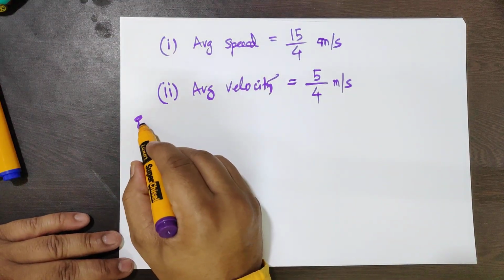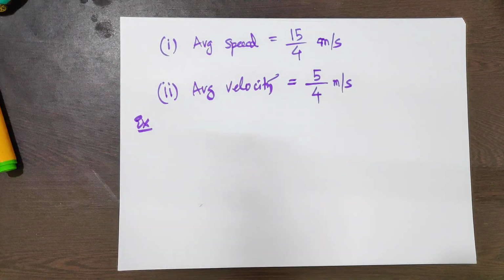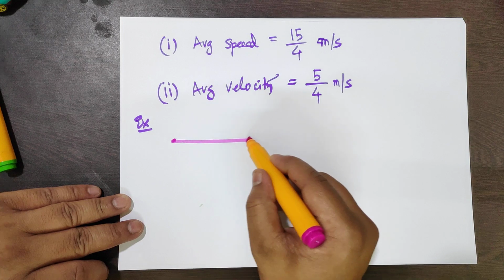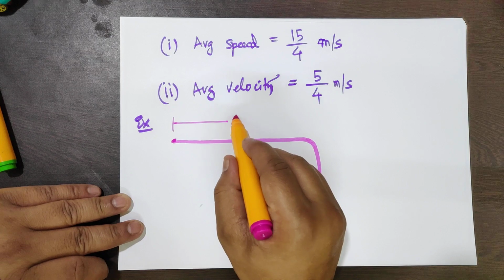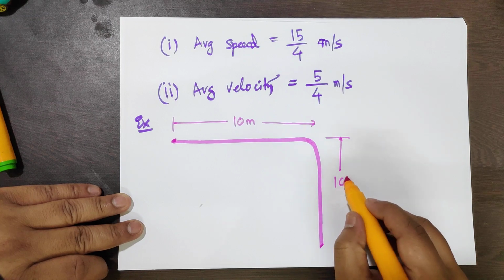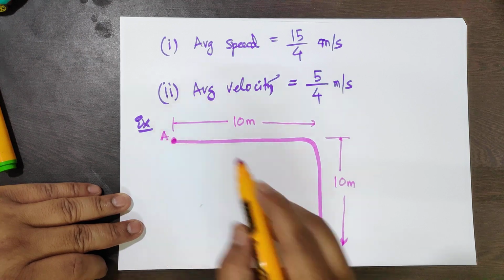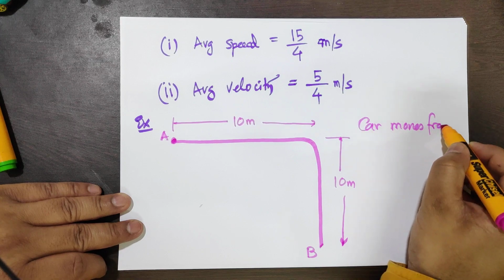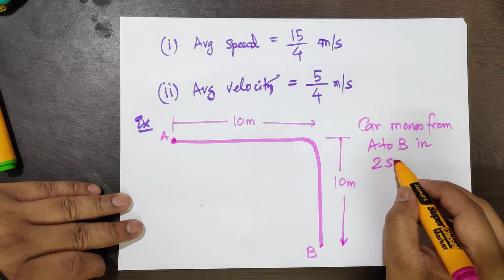Suppose in another example, this is a car, it goes like this, takes a sharp turn. So this is 10 meter distance, and that is also 10 meter. Say this point A to point B. So the car moves from A to B in 2 seconds.